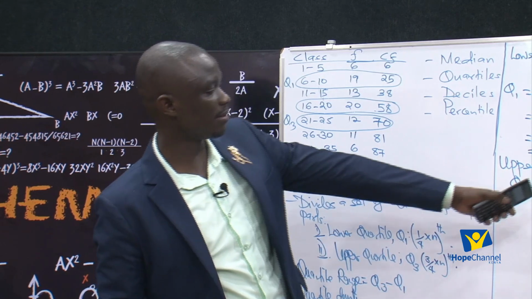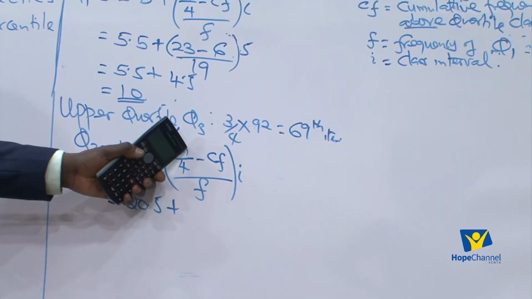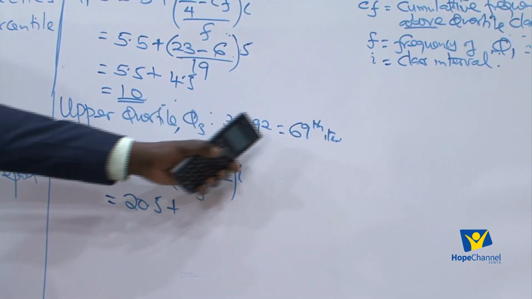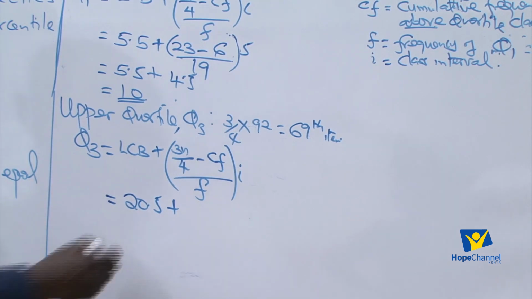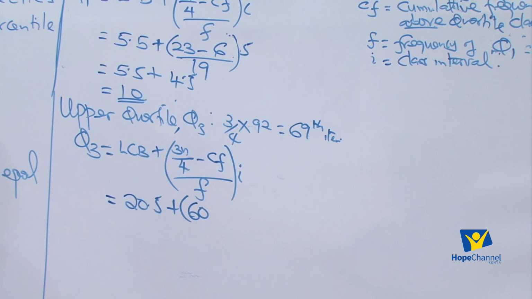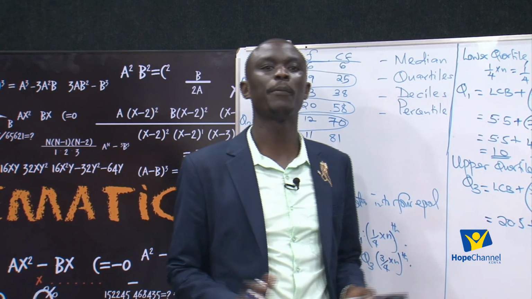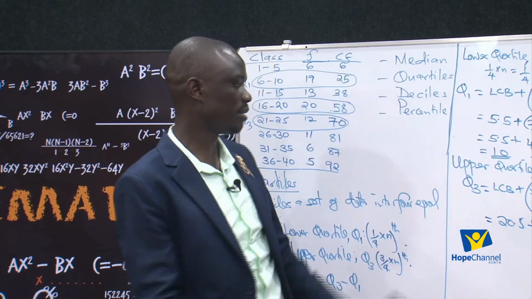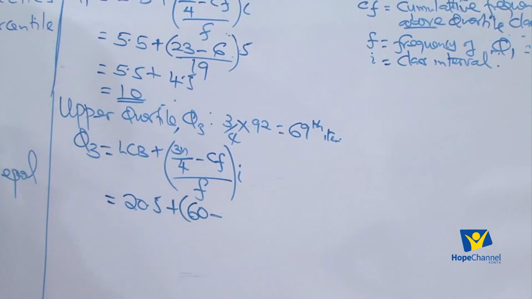Then we have 3/4 of n, which we have already calculated as 69. We don't need to be stressed because it is the first thing we always calculate. Your work is very simple, you just put it in.